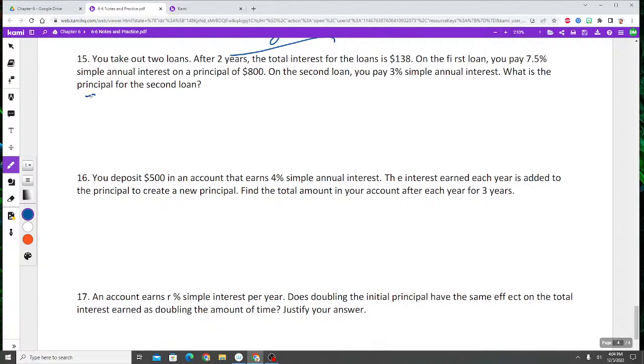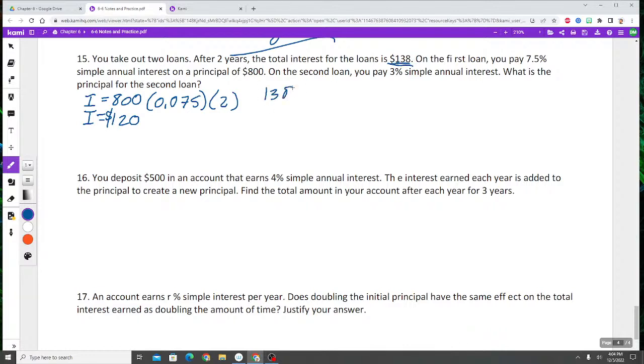We need to find the actual interest for the first loan. So that's 800 times 0.075 times 2, which gives us $120. So the interest on the first loan is $120. Now the second loan, we need to find out the rest of the interest.